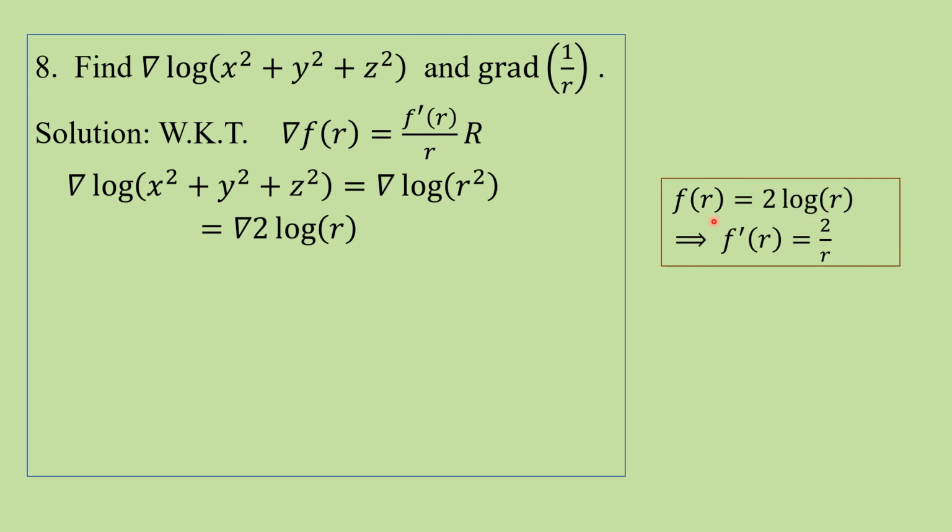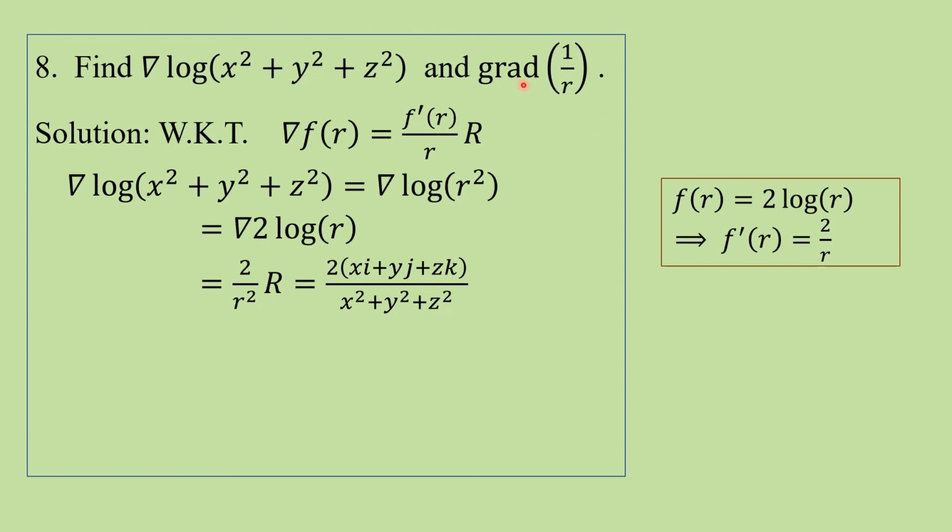The derivative with respect to r, f dash of r, is 2 into the derivative of log r, which is 1 by r. Substituting, that gives the answer 2 by r into vector r, that is 2 by r square into vector r. Since it is given in terms of x, y, z, you can substitute back, where vector r is xi plus yj plus zk and r square is x square plus y square plus z square.